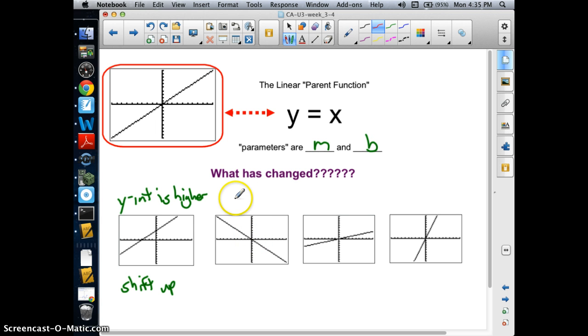And so it turns out that if we change the sign of slope, it has the effect of reflecting the line over the y-axis. Reflects over y-axis. So you can think of the y-axis as like a mirror.